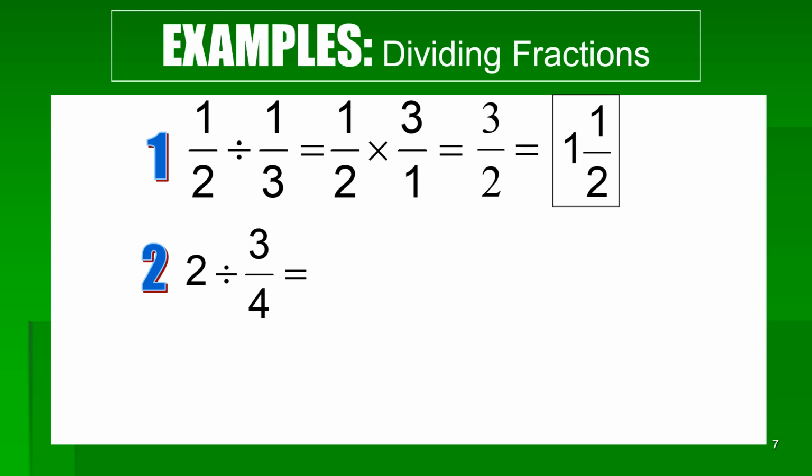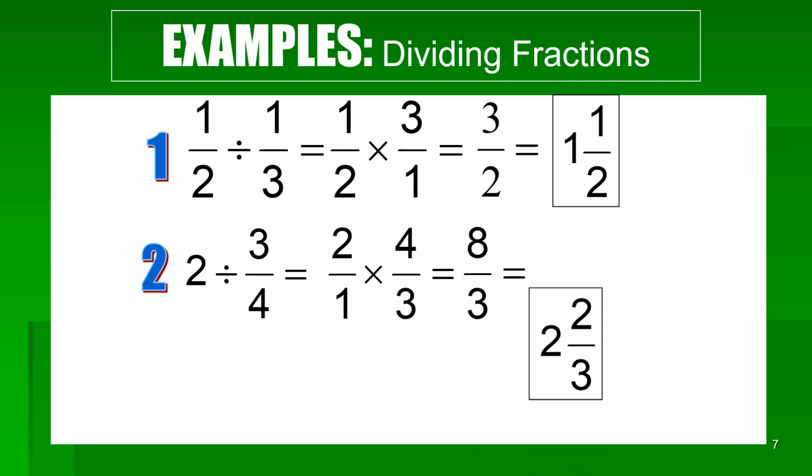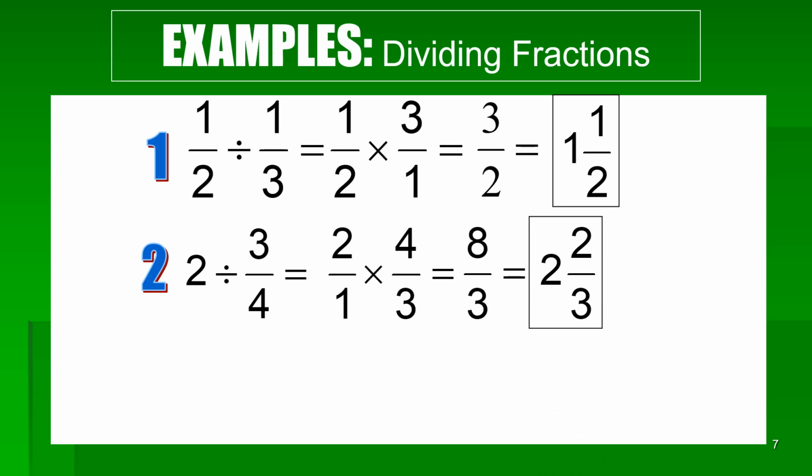Next, we have 2 divided by 3/4. We have 2 over 1 because for any whole number, the denominator is 1. Change the operation into multiplication and then flip the second. So that will be 8 over 3, or 2 and 2/3.